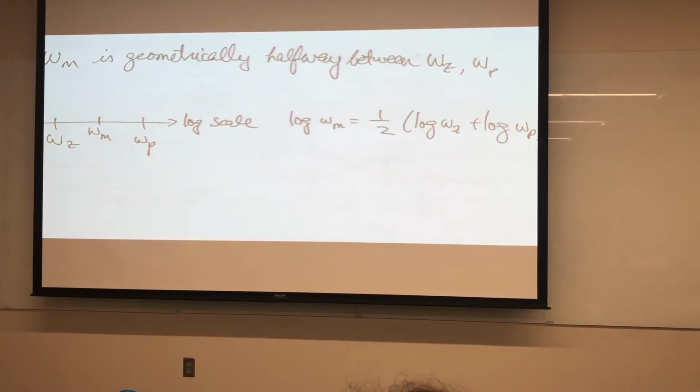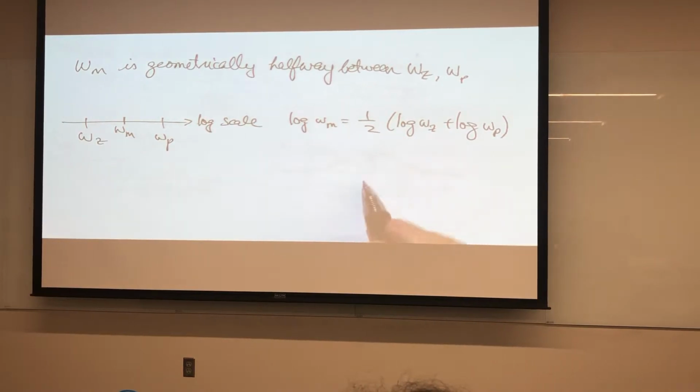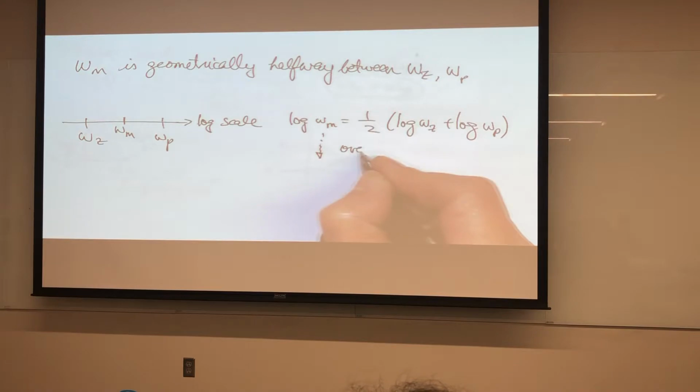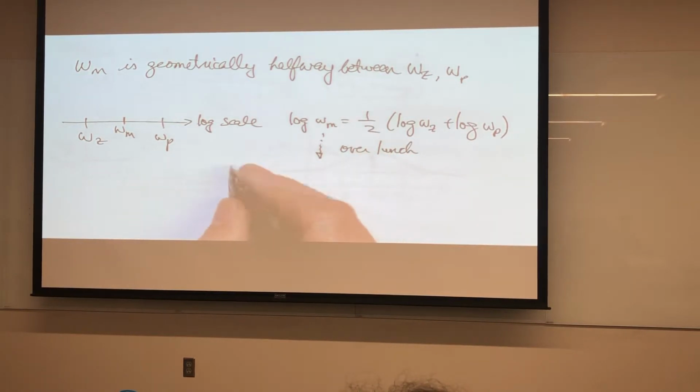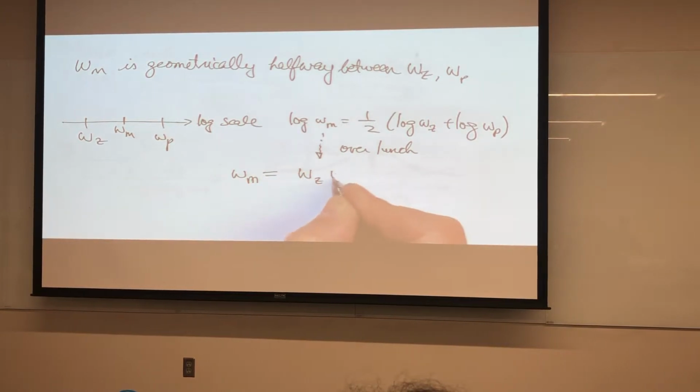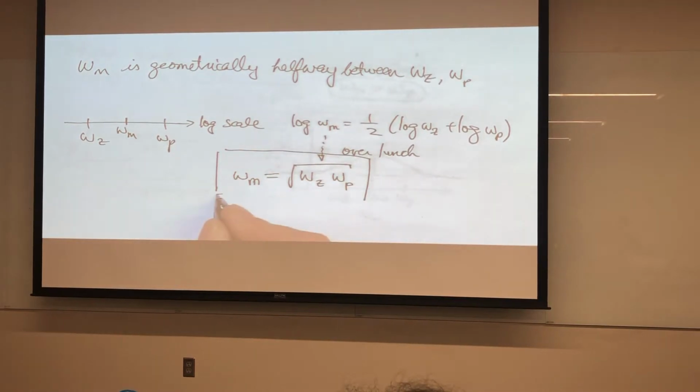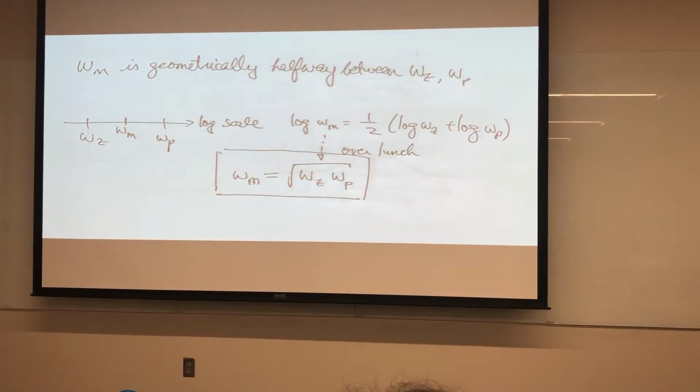It's halfway, an average, but on a log scale. If you undo the logs, do this over lunch, what we discover is that omega m is equal to the square root of omega z times omega p.